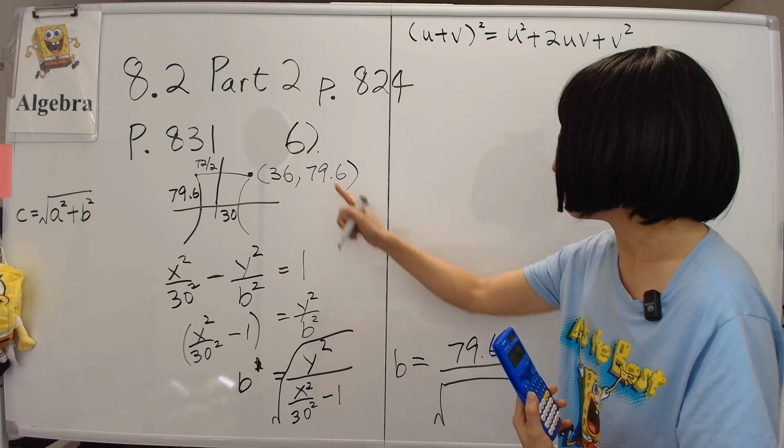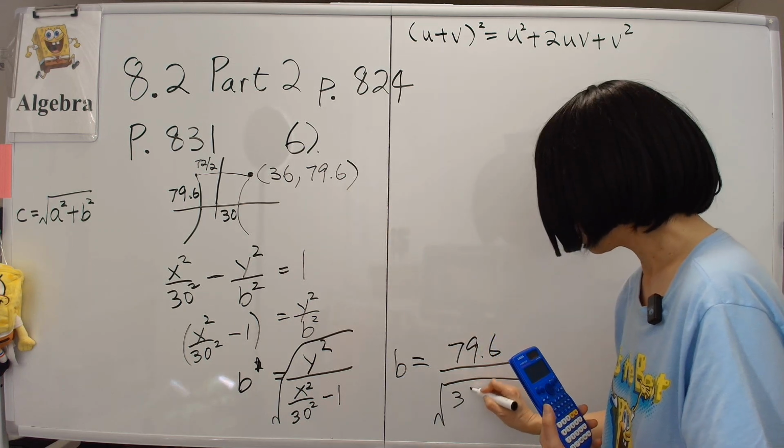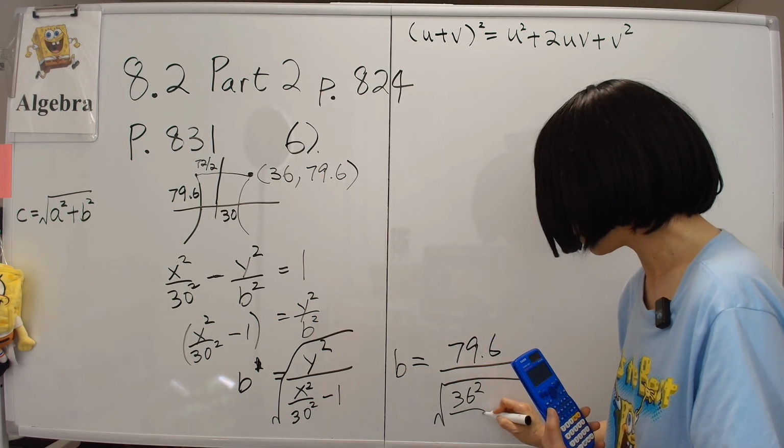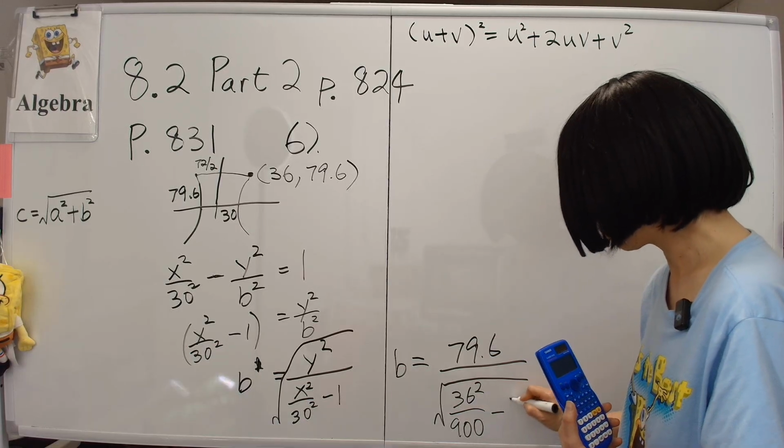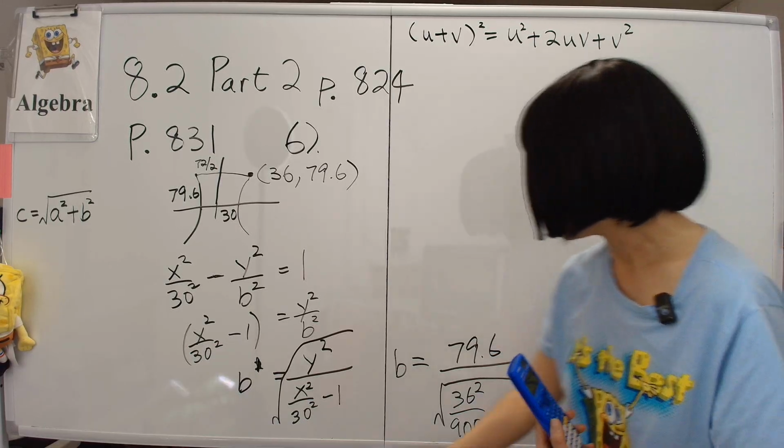So let's write it all out. 36 squared divided by 30 squared, which is 900, minus 1. So we just need to punch this in, then we're good.